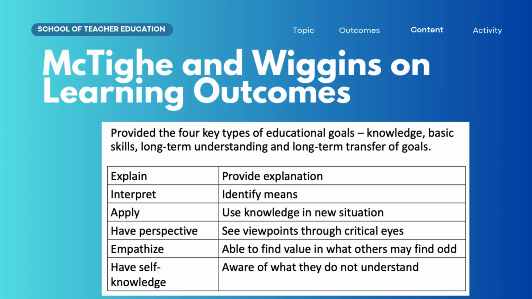Now, we also have the McTighe and Wiggins learning outcomes, which stipulate knowledge, basic skills, long-term understanding, and long-term transfer of learning. Here the taxonomy starts from explain, interpret, apply, have perspective, empathize, and have self-knowledge.